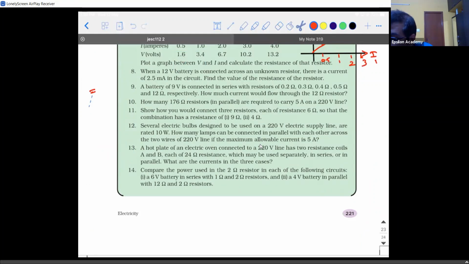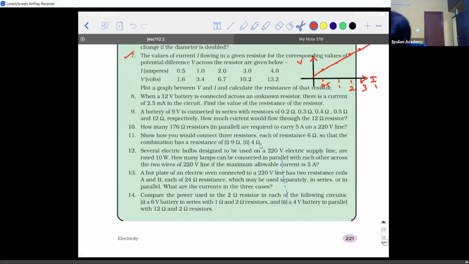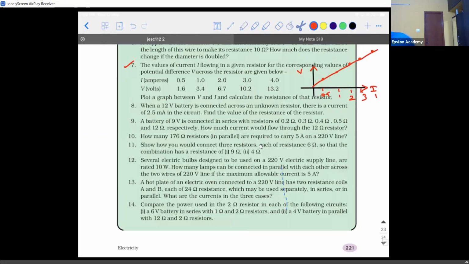Ninth one. There is a 9-volt battery that is connected in series with 0.2, 0.3, 0.4, 0.5, and 12 ohm resistors respectively. How much current is flowing through the 12 ohm resistor?